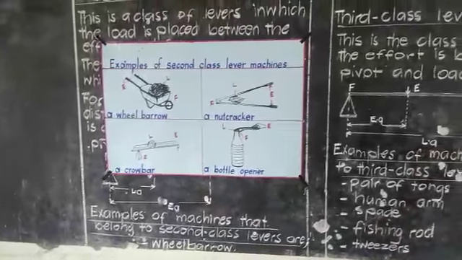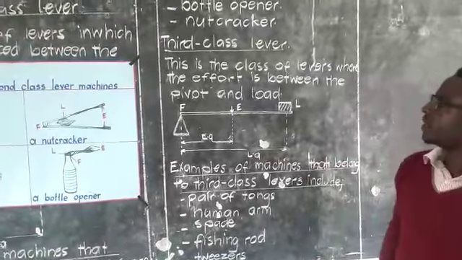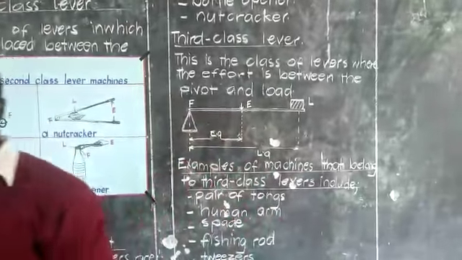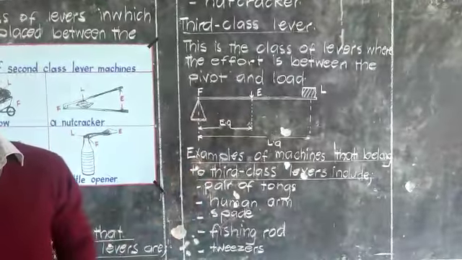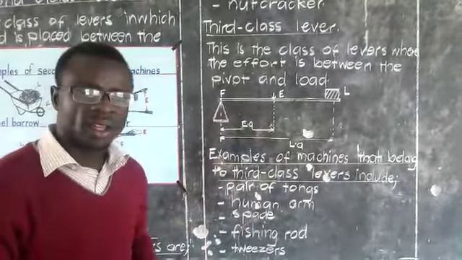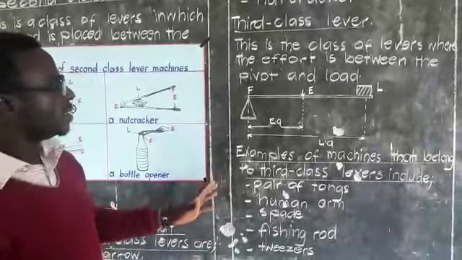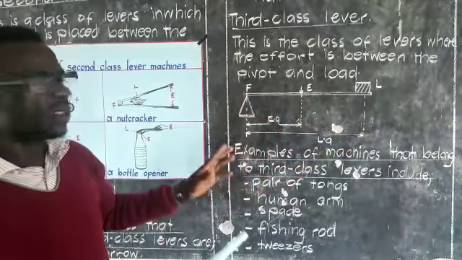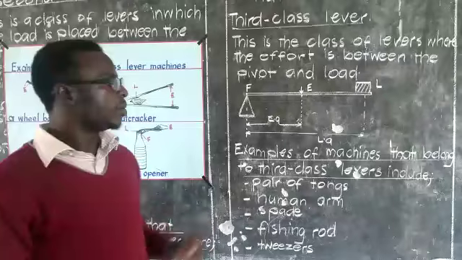My dear learner, I also want us to look at third class lever. In third class levers, the effort is between the pivot and the load. In third class levers, the distance between the load and the fulcrum is greater than the distance between the effort and the fulcrum.